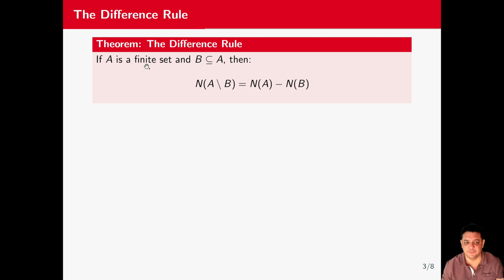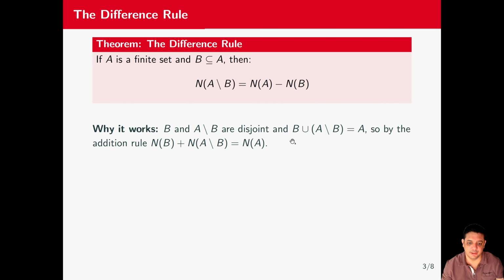It just matters that A is finite, then B is going to be finite, and these are numbers that we can subtract.